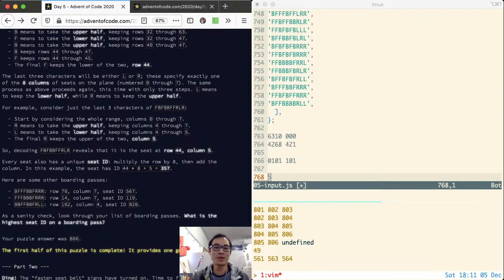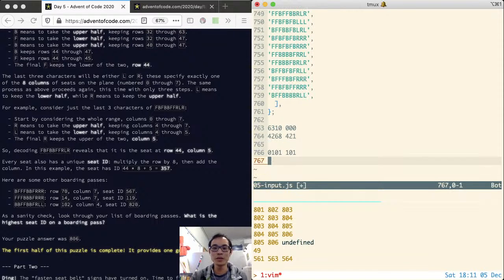Now if you know a little bit about, well, what's a good way to explain this? You see this 8 here? In decimal, this would be the equivalent of saying you take the row and multiply it by 1,000. Let's say we had a 3-digit column in decimal and a 7-digit row in decimal.